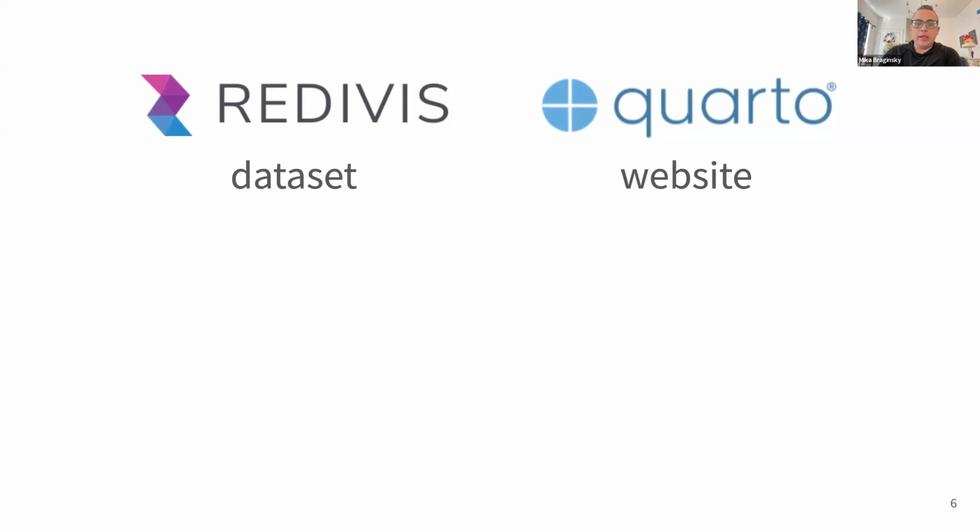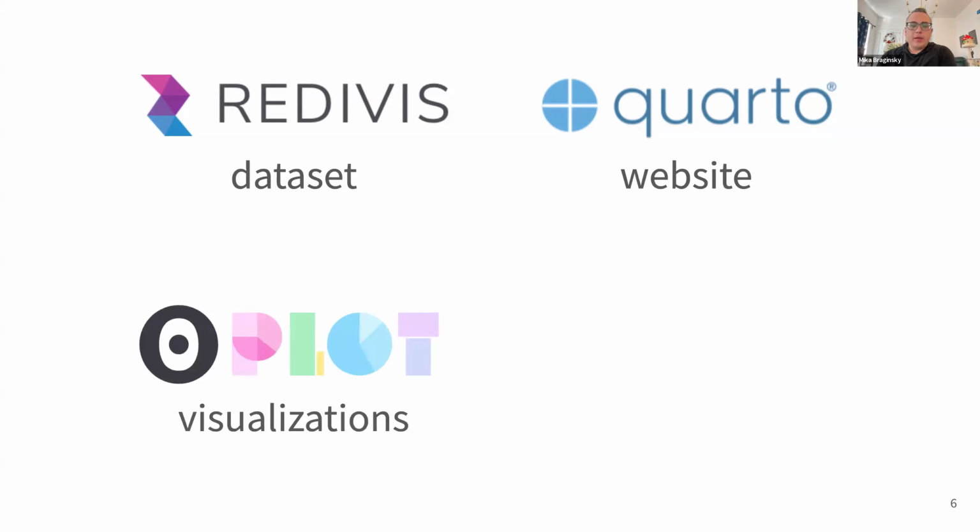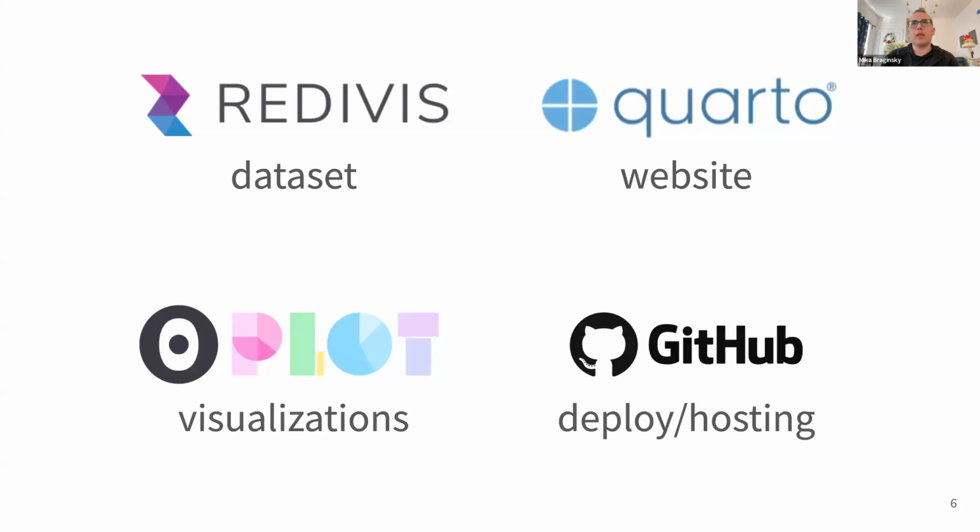On top of that, you're making a website using the Quarto scientific publishing system, and that creates a website that you can configure and customize. The centerpiece of that website are interactive visualizations that are mostly built using Observable Plot, which is a JavaScript framework, but you can also add static ggplot visualizations or all sorts of different stuff depending on your interests and skills.